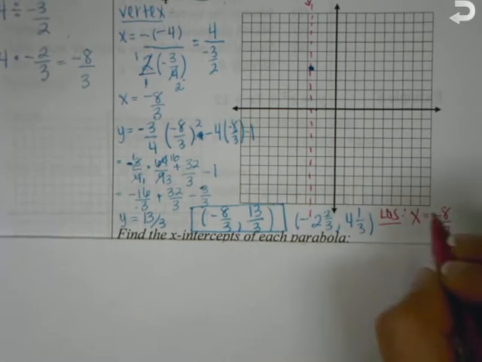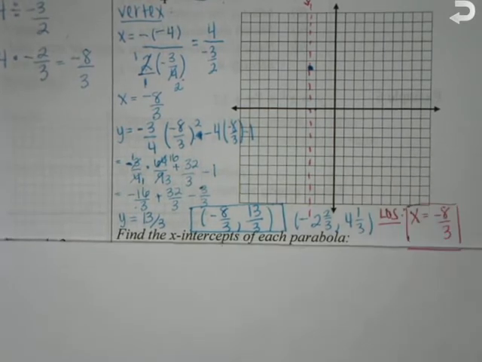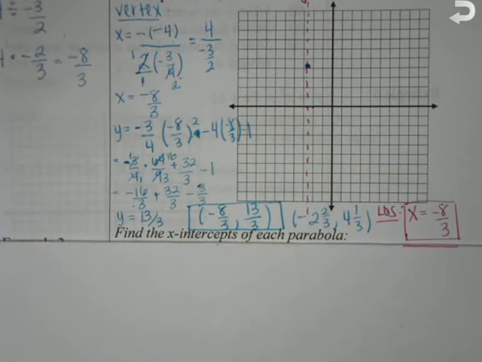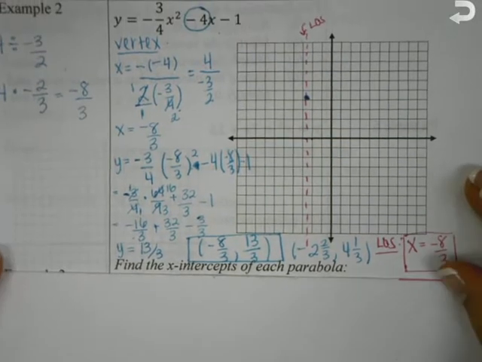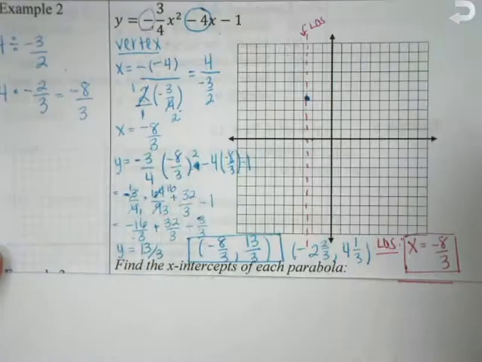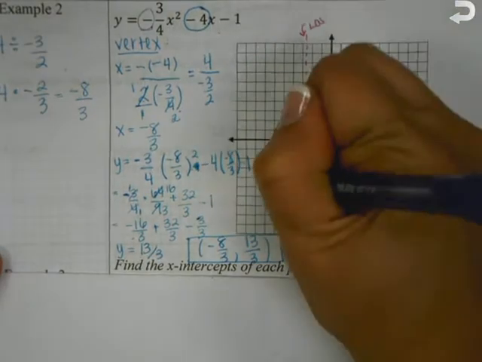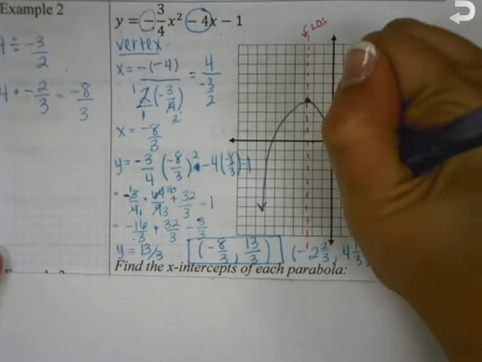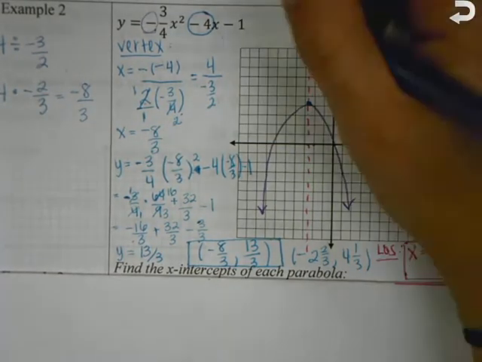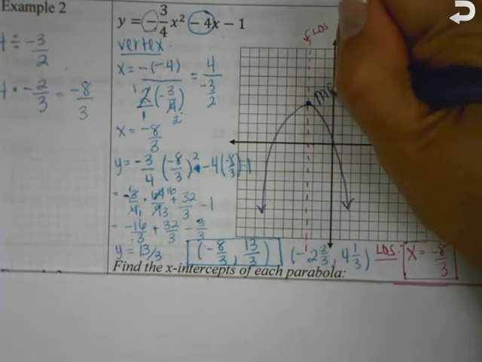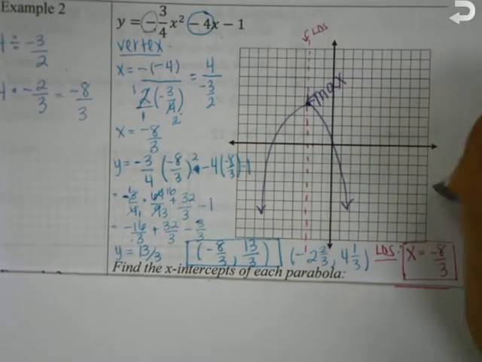Is this parabola opening up or down? How do you know? Because it's negative, so we're graphing downwards. Since I'm opening downwards, do I have a max or a min? A max, 13/3. So my max is y equals 13 over 3. You just take all the information from the vertex. And that's my graph.